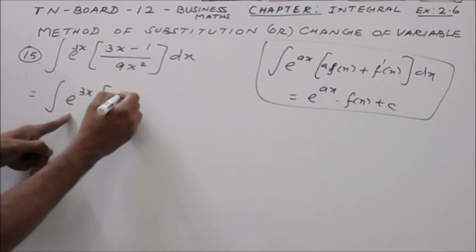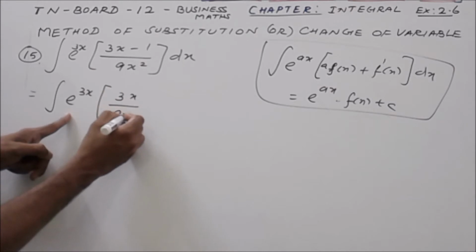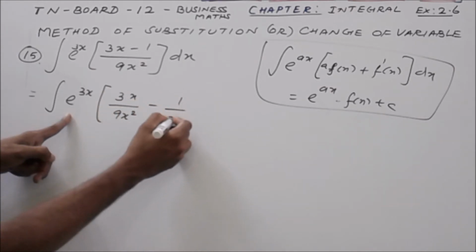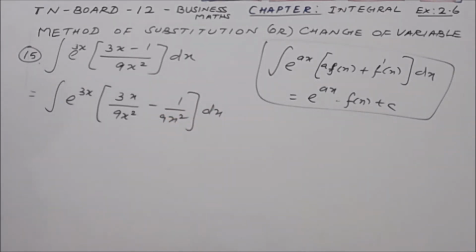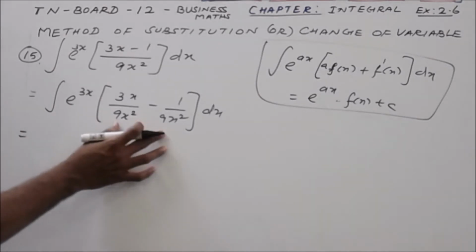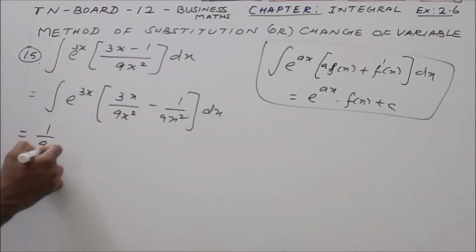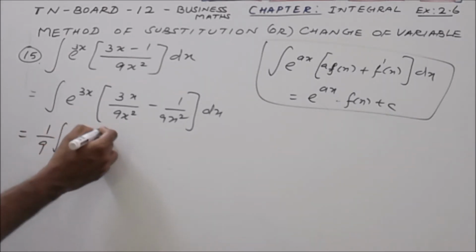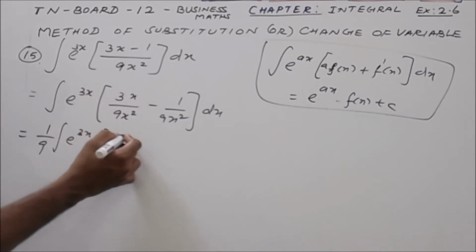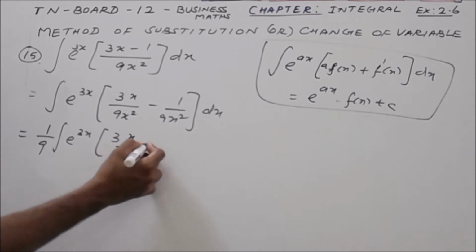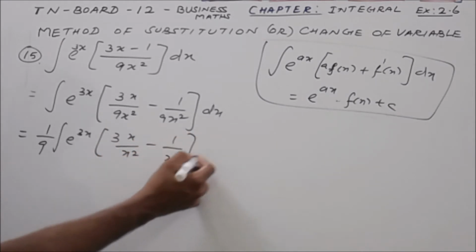So splitting the terms, 3x by 9x square minus 1 by 9x square dx. In this, remove 1 by 9 as common from both terms. Now 1 by 9 integral e power 3x into [3x by x square minus 1 by x square] dx.